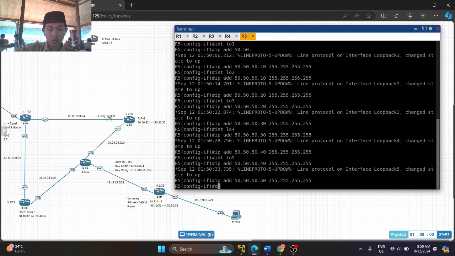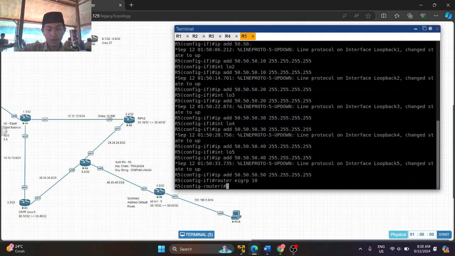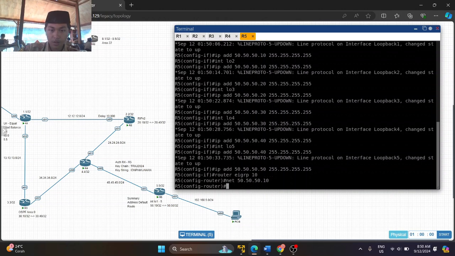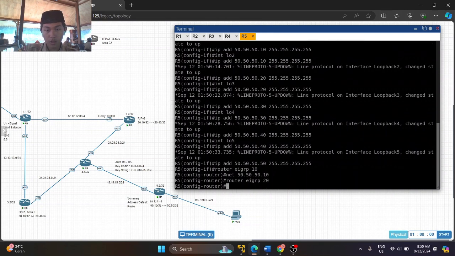Okay, then we move to router EIGRP 10 network 50.50.10.10. No, router EIGRP, sorry guys.